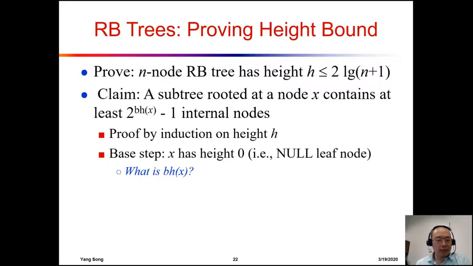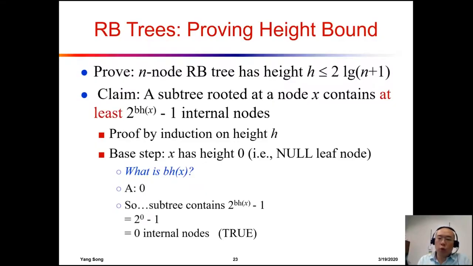So what is the black height of a fake leaf, or a leaf which represents a null pointer? Well, if we don't count the current black node we are visiting, that is 0. So this subtree contains 2 to the black height of x, minus 1.